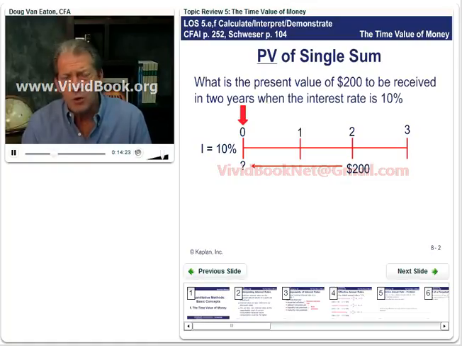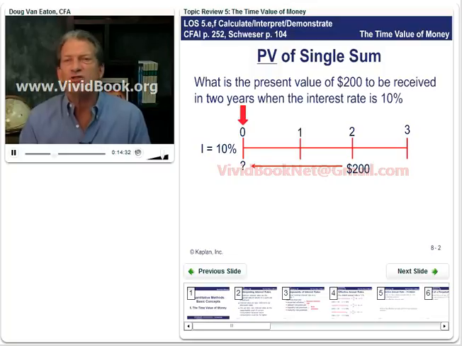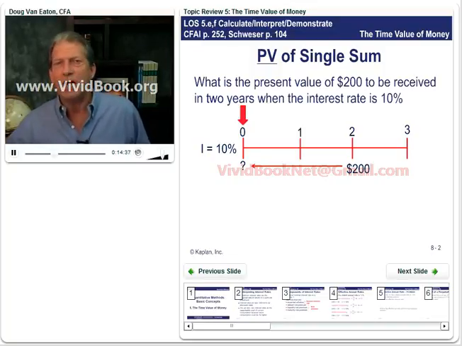So that's one of the questions that we're answering here. We could also say, well, if you're prepared to pay $200 back in 2 years, how much could you borrow today?